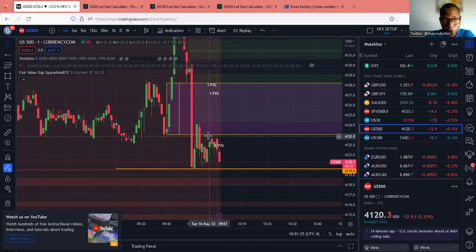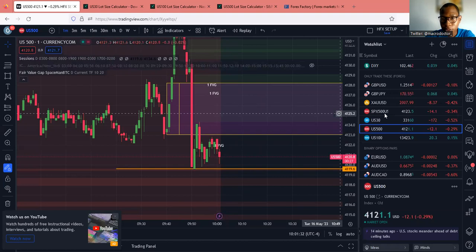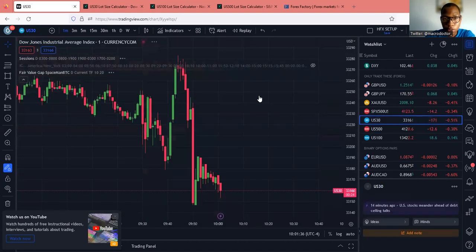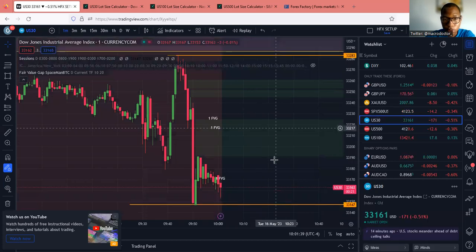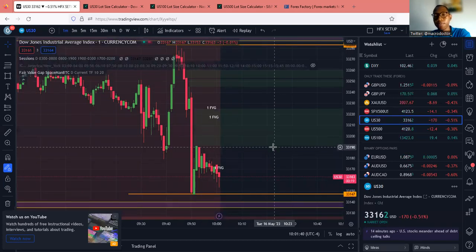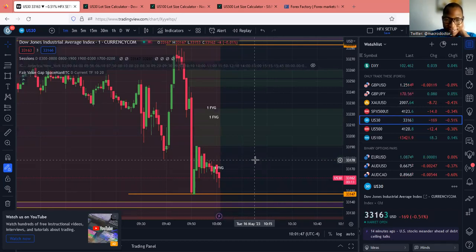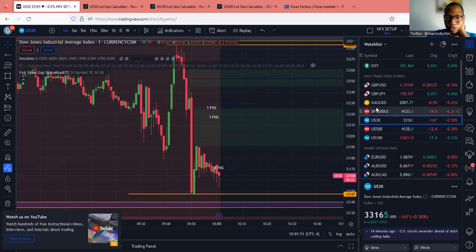So this high now would be 4123 and then 4119. Okay, that'll be about 10. My size, let me see. I'm waiting to see what price will do, patiently waiting.